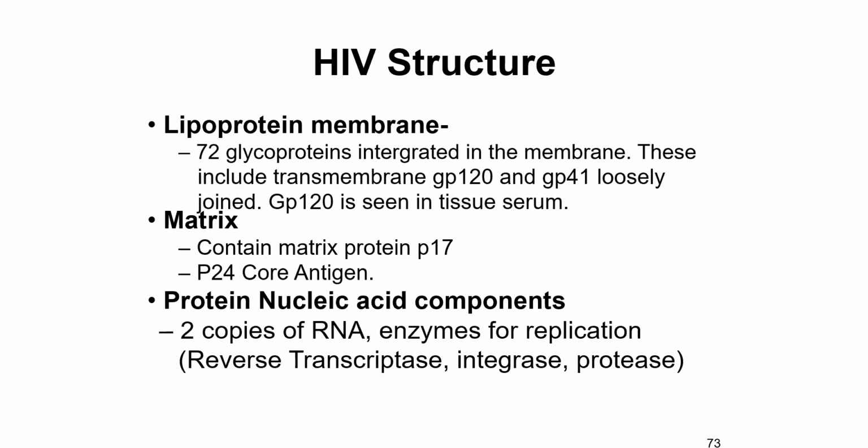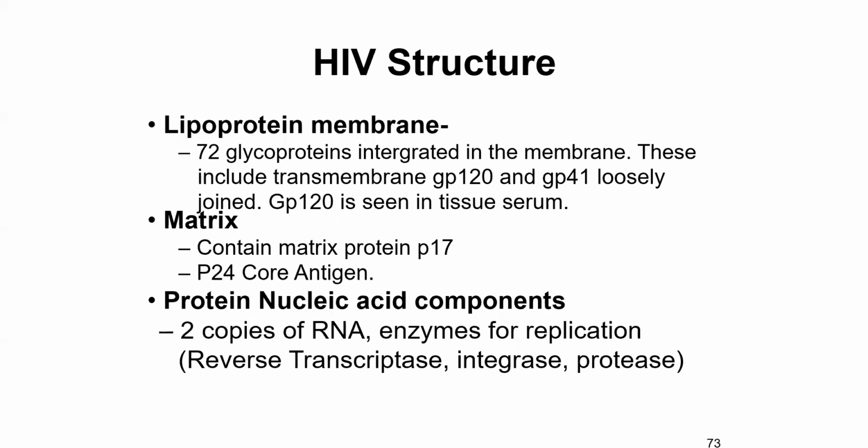In that membrane we have glycoproteins, two proteins which are part of the membrane, inserted within it: GP120 and GP41. We have the matrix, which is more or less like the cytoplasm of the HIV virus. Then we have the nucleic acid component, like the nucleus.